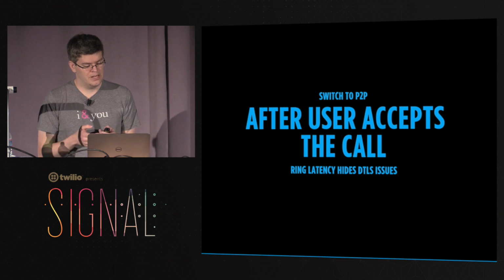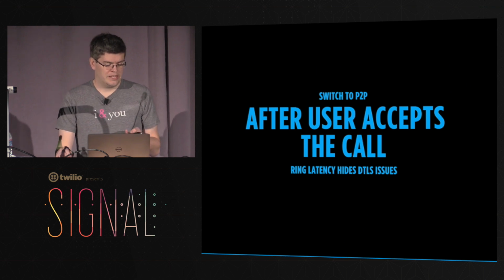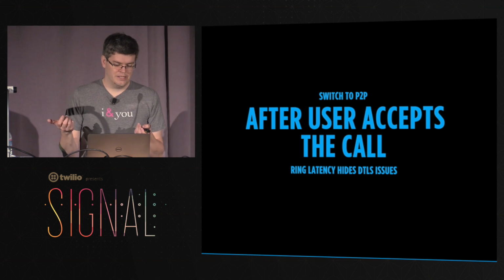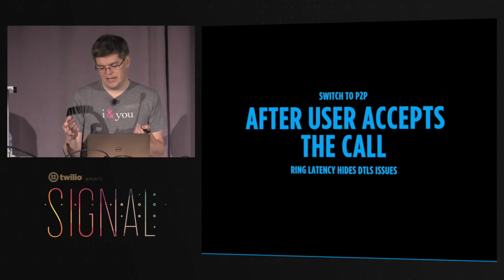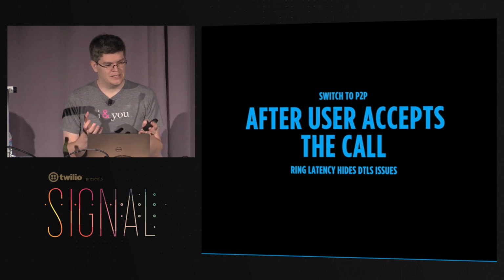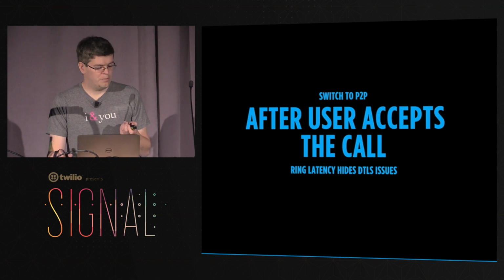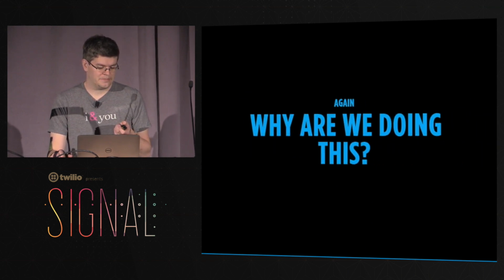That's mostly unavoidable. And that way the ring latency, so the time until the user takes the phone from the pocket, decides whether to accept the call, and then accepts the call, hides any latency introduced by DTLS. So we're pretty confident that we can solve that problem like that.